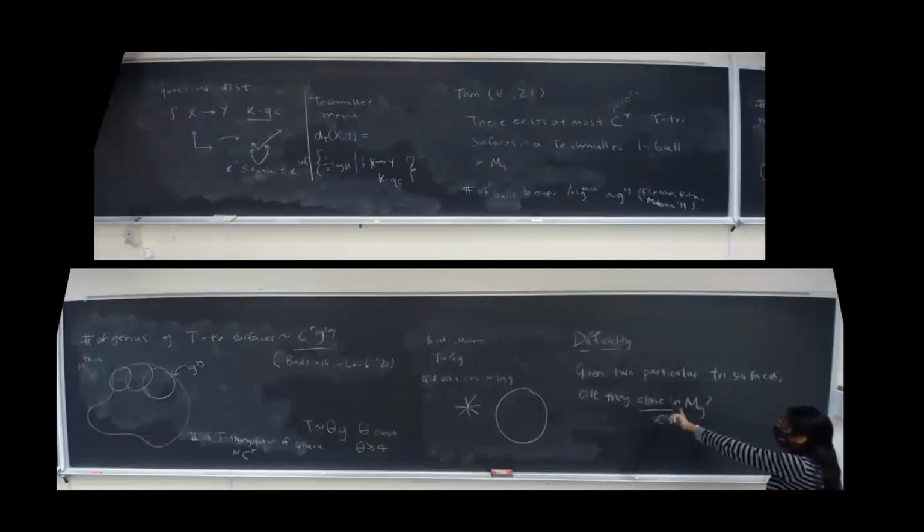But how do you check if two marked hyperbolic surfaces are the same in moduli space? You have to go through all the elements of the mapping class group. Any other questions?